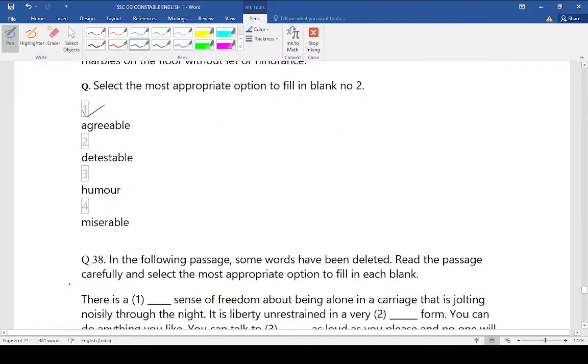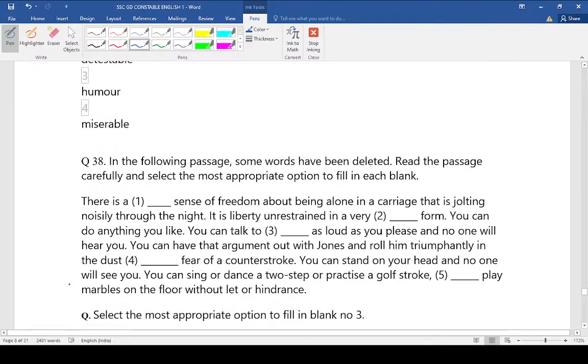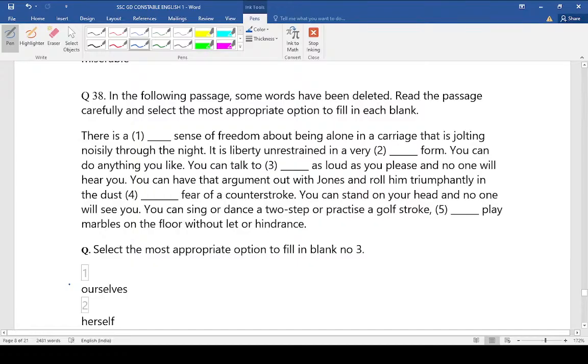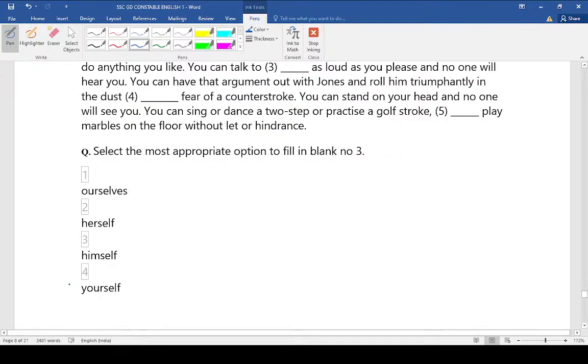You can talk to dash as loud as you please and no one will hear you. Select the most appropriate option to fill in the blank number 3. Ourselves, herself, himself. So the reflexive word we will get is yourself, a pronoun.